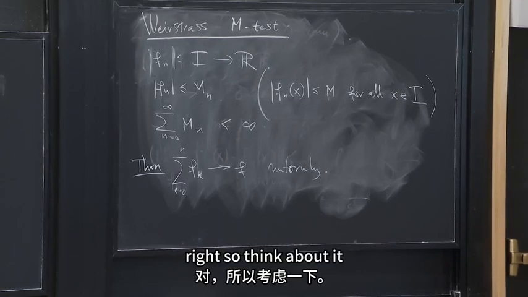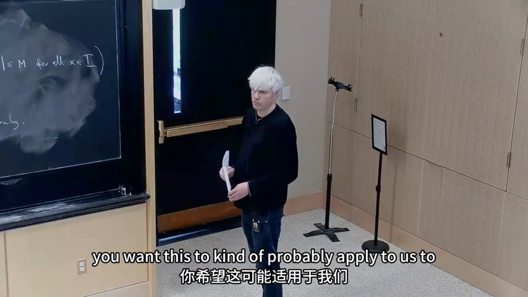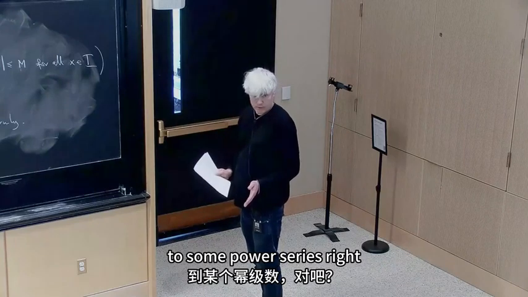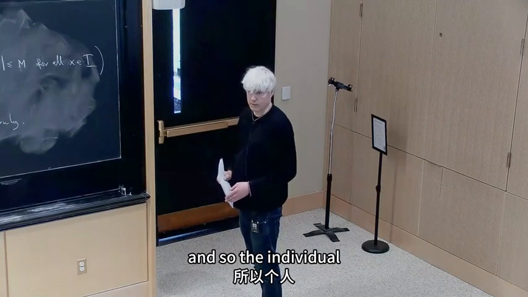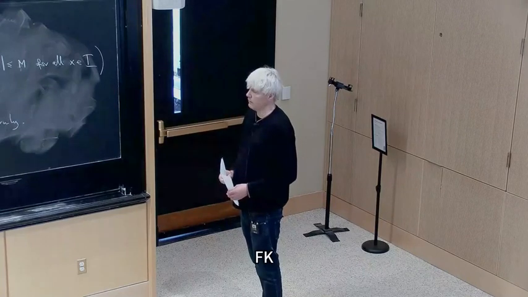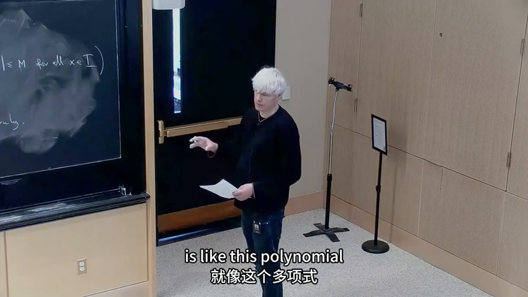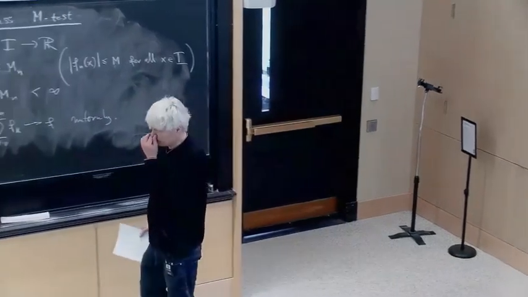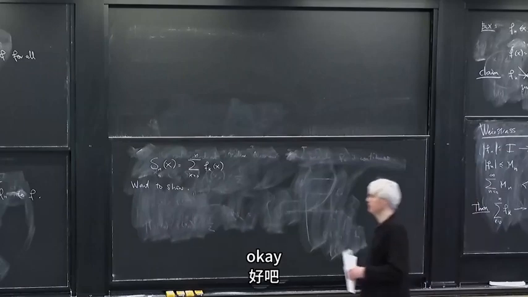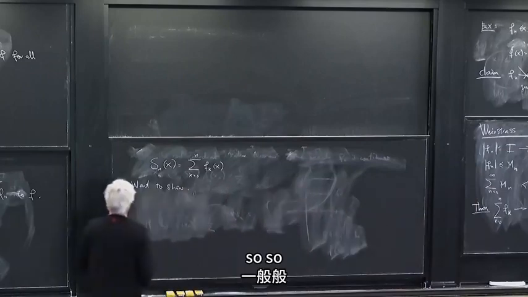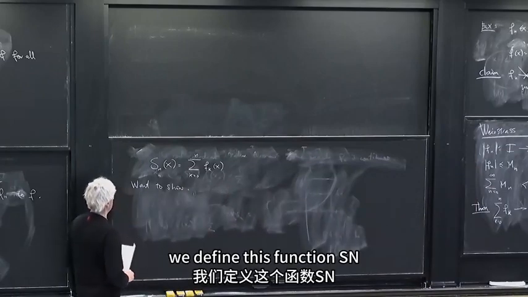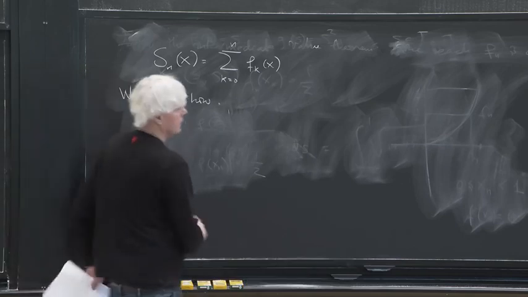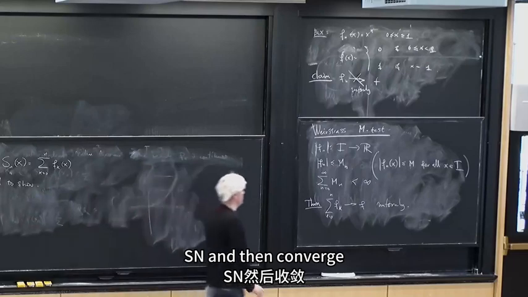Right. So think about it. You want this to probably apply to some power series, right? And so the individual f_k is like a polynomial of some degree. So we define this function S_n, and I want to prove that these S_n converge.